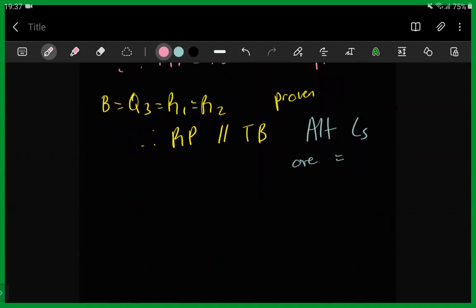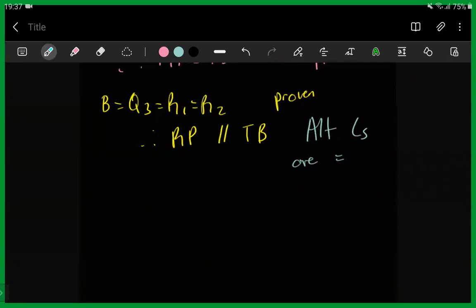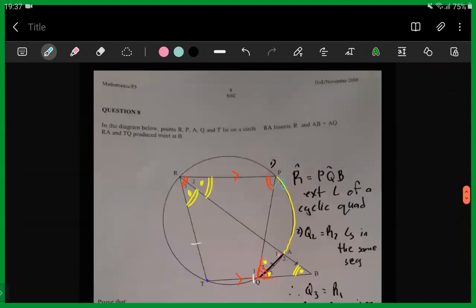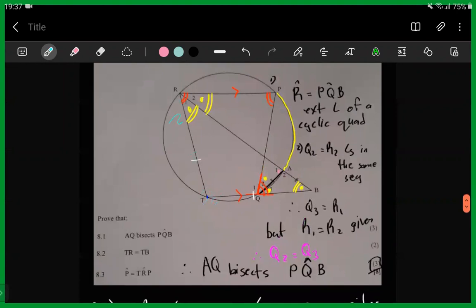But the moment they are equal, there are parallel lines somewhere. With that being said, we can now answer the question they're asking, TRP. We can tell them that this angle is equal to that one, and that this one is also equal to that one. Because they are equal to the same thing, they have to be equal to each other.